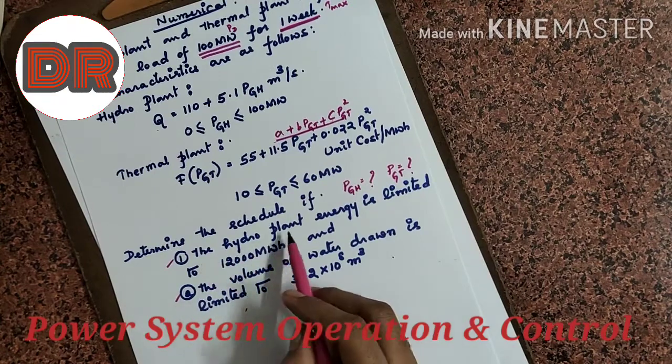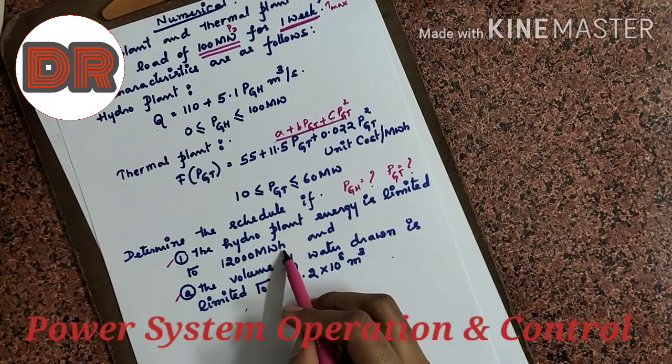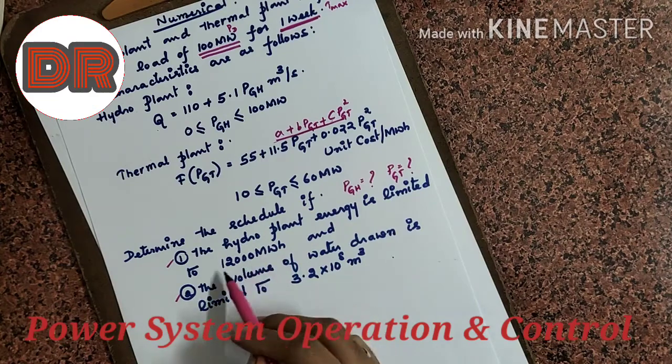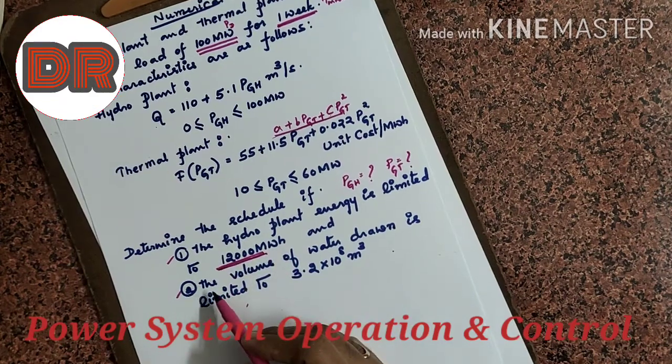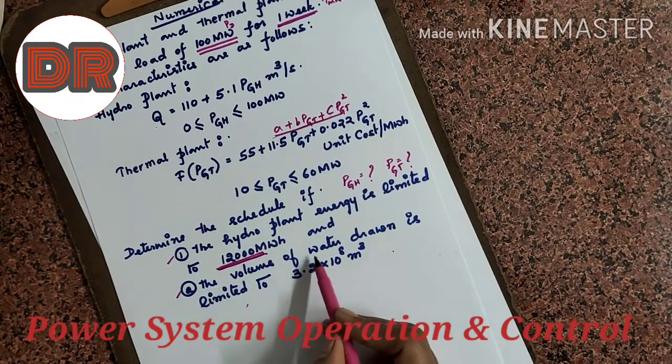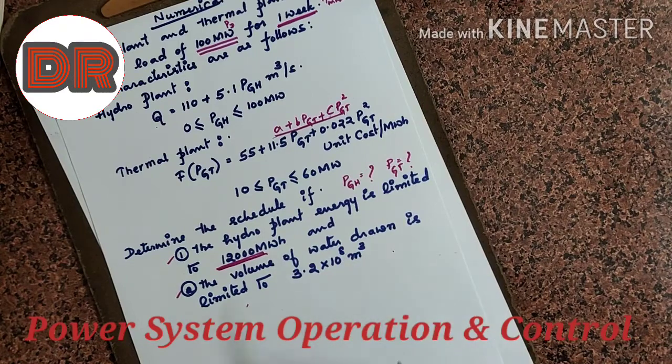The first condition is that the hydro plant energy is limited to 12,000 megawatt hour. The second condition is that the volume of water drawn is limited to 3.2 into 10 to the power 18 meter cube. So these are the two conditions.